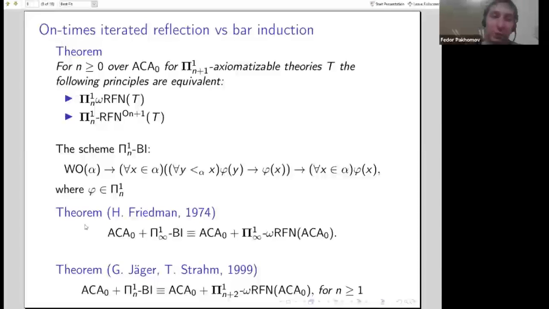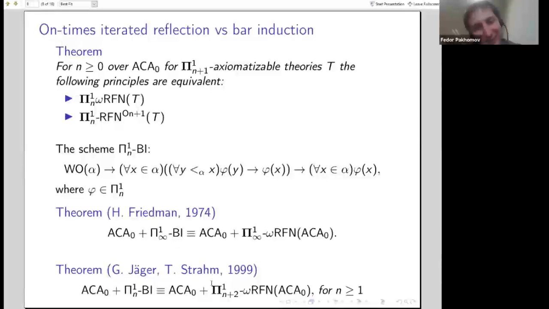Okay, regardless, so we have the scheme of Π1n bar induction, and it was proved by Harvey Friedman that the full scheme of bar induction is equivalent to the full scheme of omega model reflection, and this refinement by Simpson and Hege.